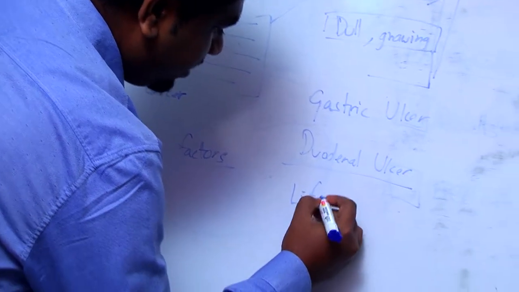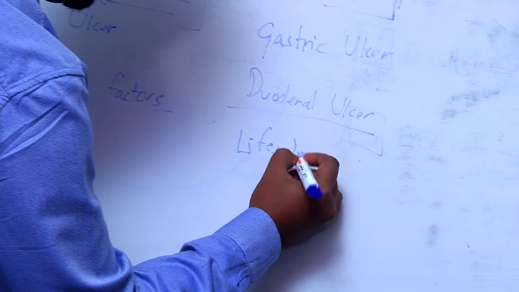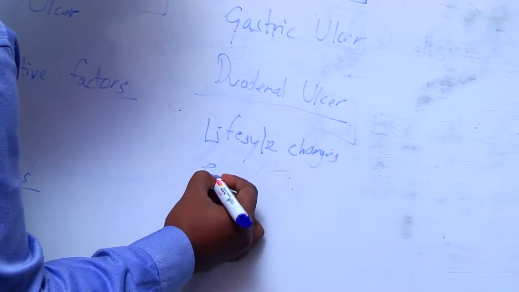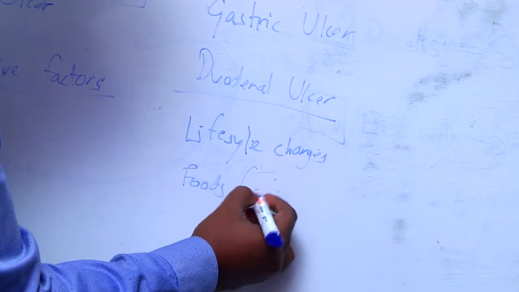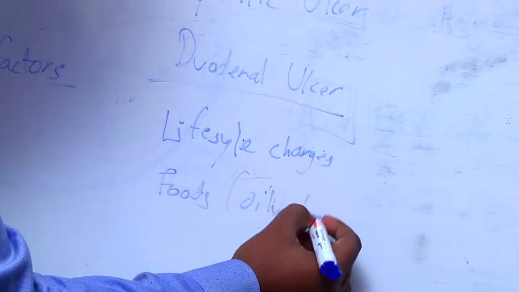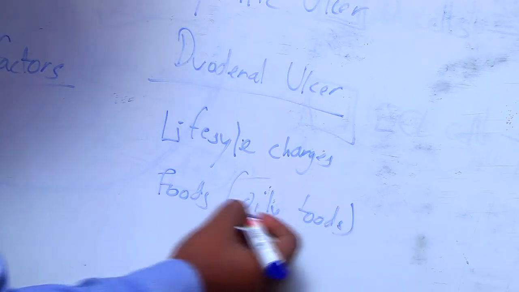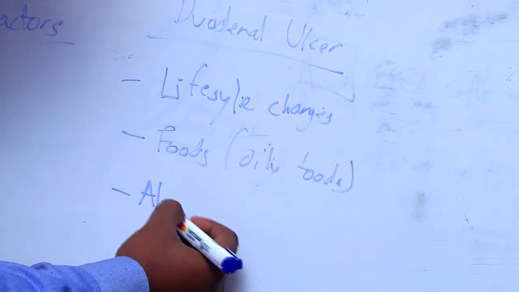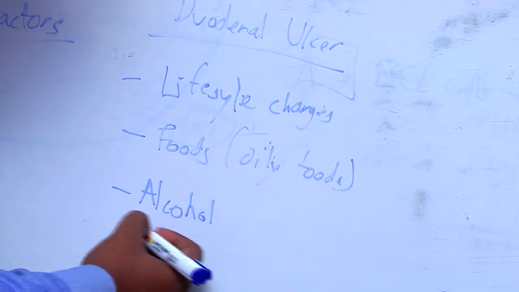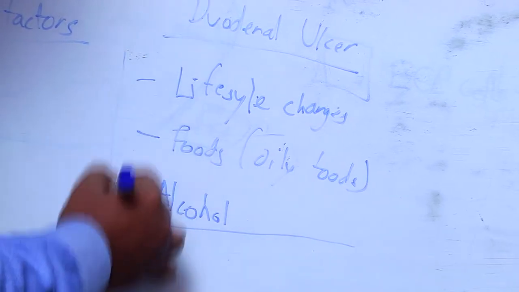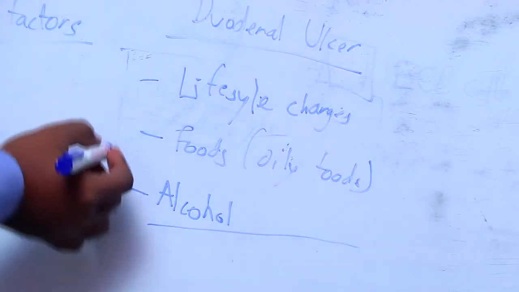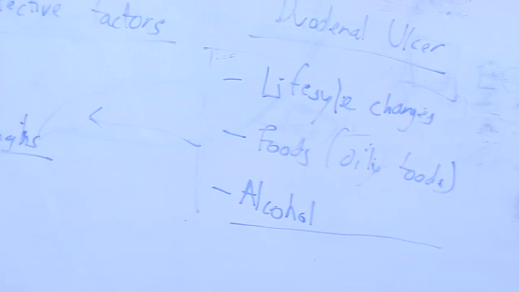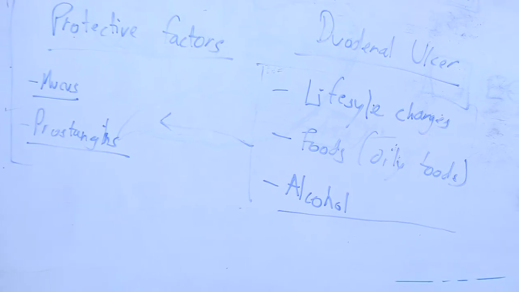The lifestyle changes, foods, oily foods, and most important in the Indian scenario, alcohol. All these may lead to compromising of these protective factors, and hence peptic ulcer as a result.